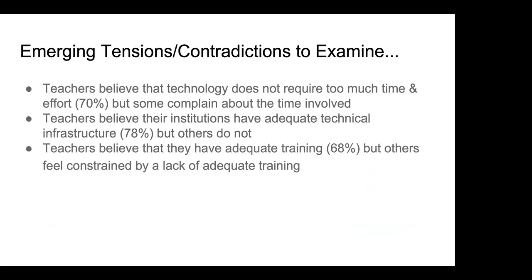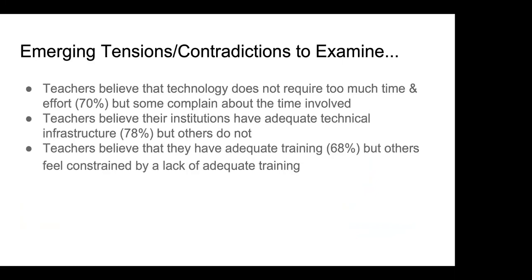We have some teachers believing that technology doesn't require a lot of time, but some saying it does. So we're curious what the disconnect is, or what the differences are in those teaching contexts; maybe it's teachers' backgrounds, this type of thing. Teachers believing that institutions have adequate technical infrastructure, but others do not.